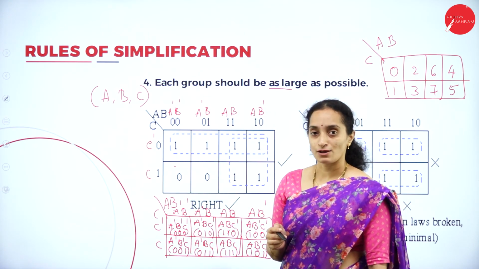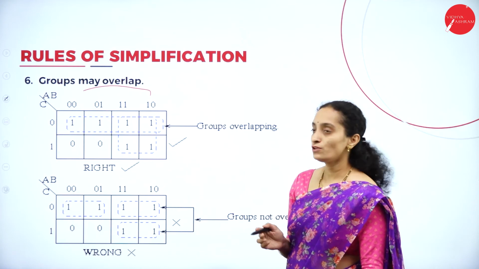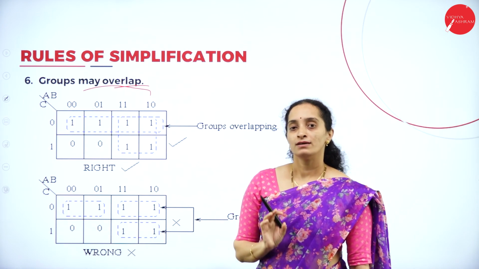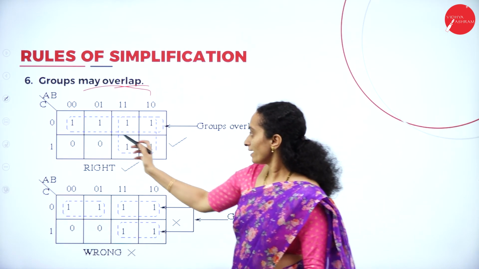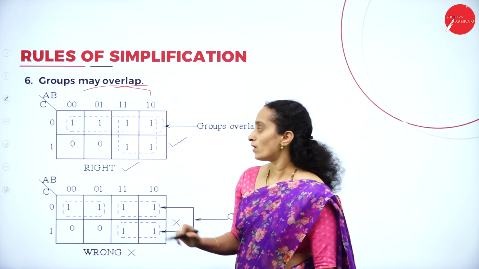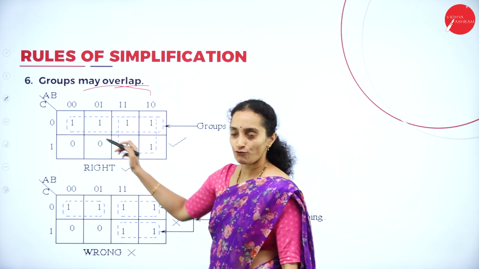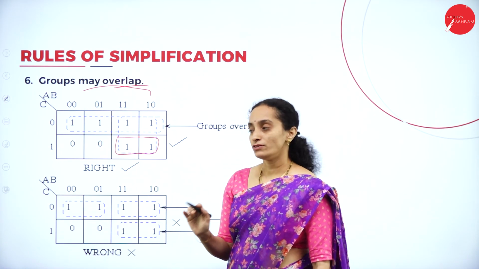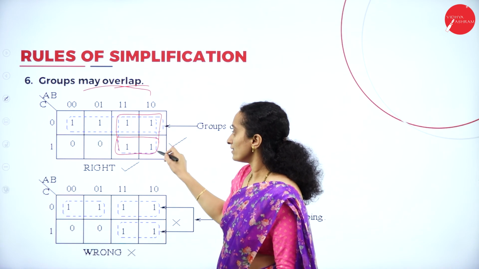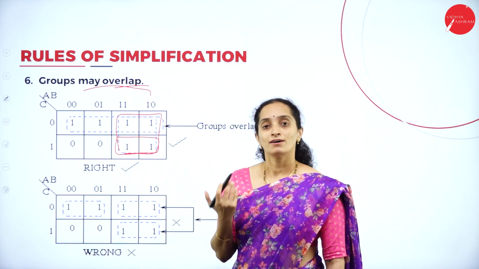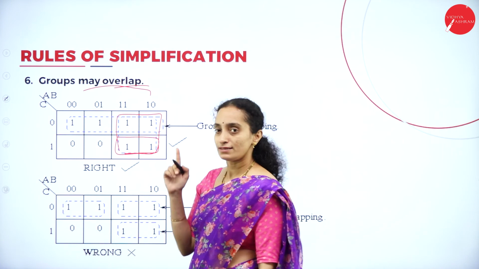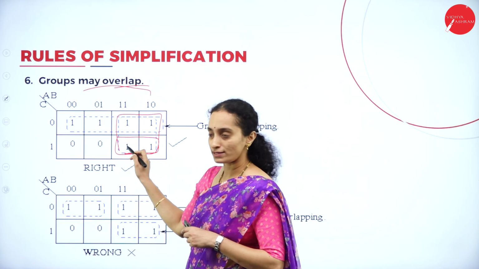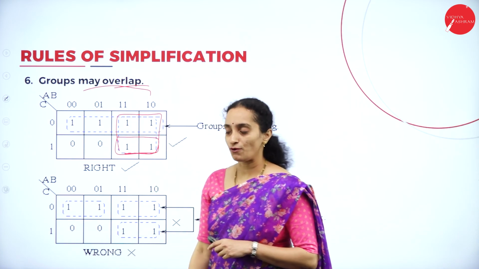In compliance with the fourth rule, you have the sixth rule, which allows you to group the ones which can be overlapping. Here you have 6 ones. What you can do is make a group of 4 ones and a group of 2 ones. But you can make the group of 4 ones to get further simplification. As the fourth rule says, you need to have a larger group. Instead of 2 ones, you can make a group of 4 ones.